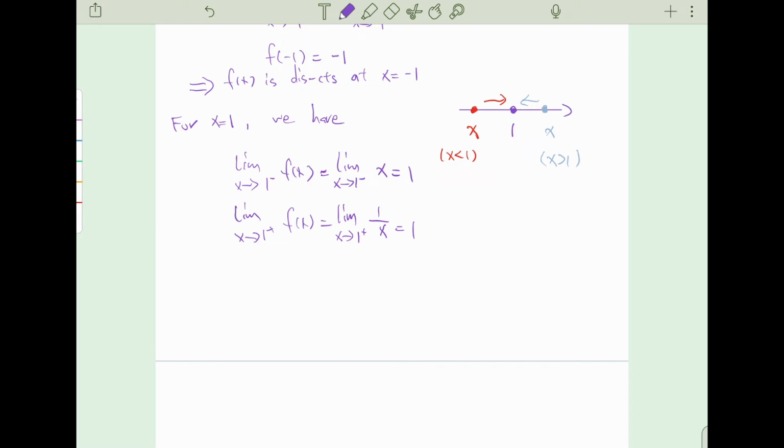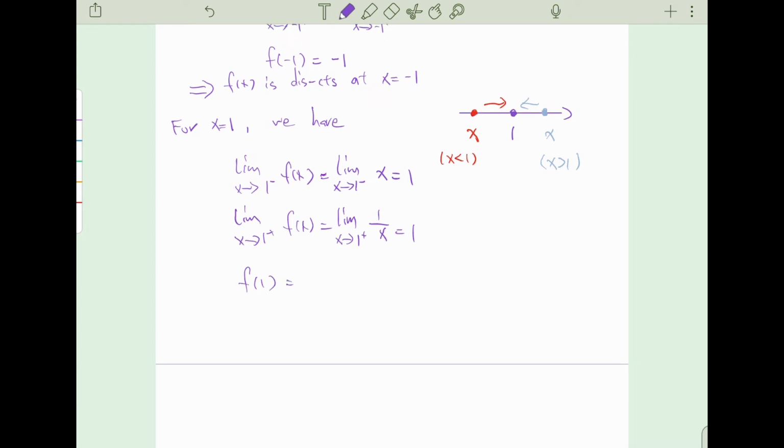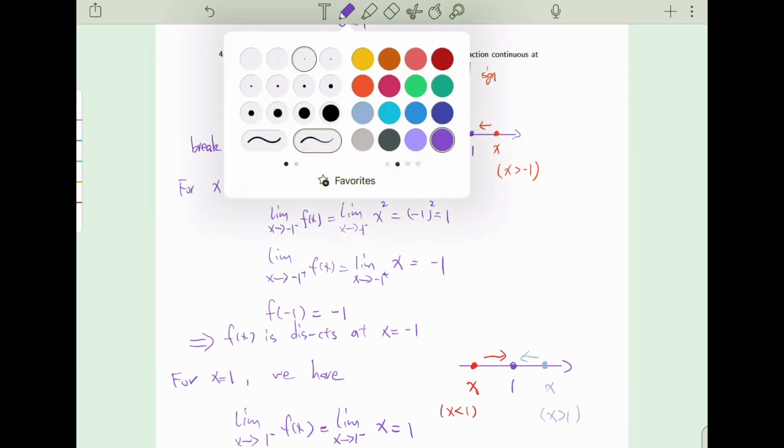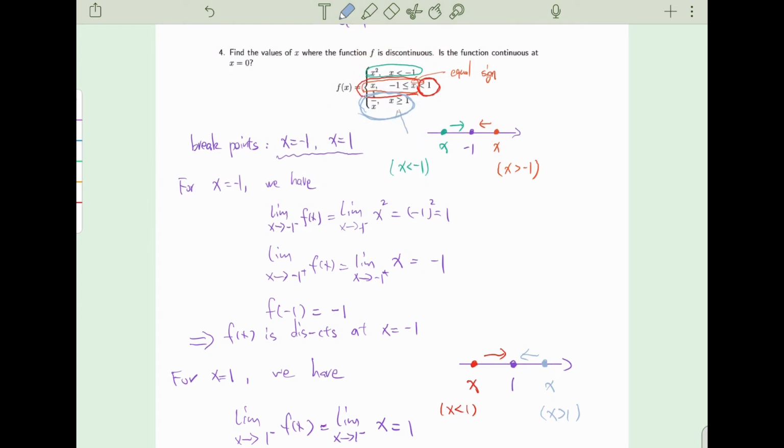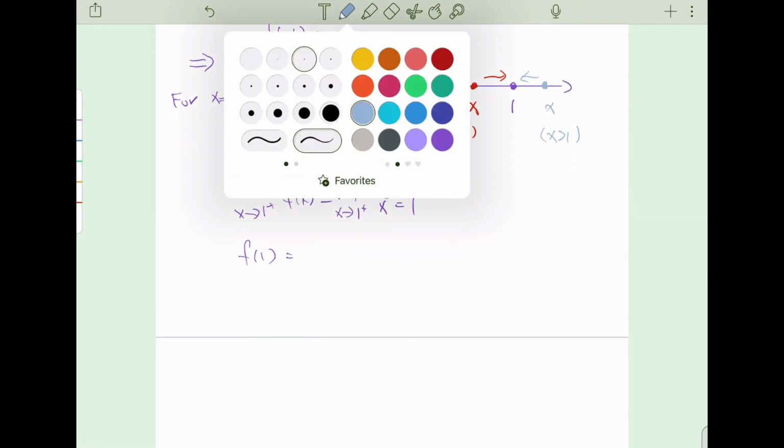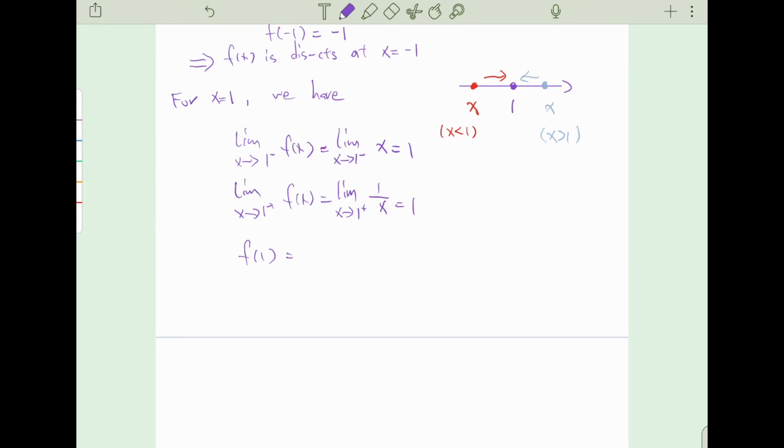Now the value of the function f of 1. There is an equal sign here for x equal to 1, so you're gonna choose this expression as well when x is exactly equal to 1. So plug in 1 here. That is 1 over 1, which is 1.